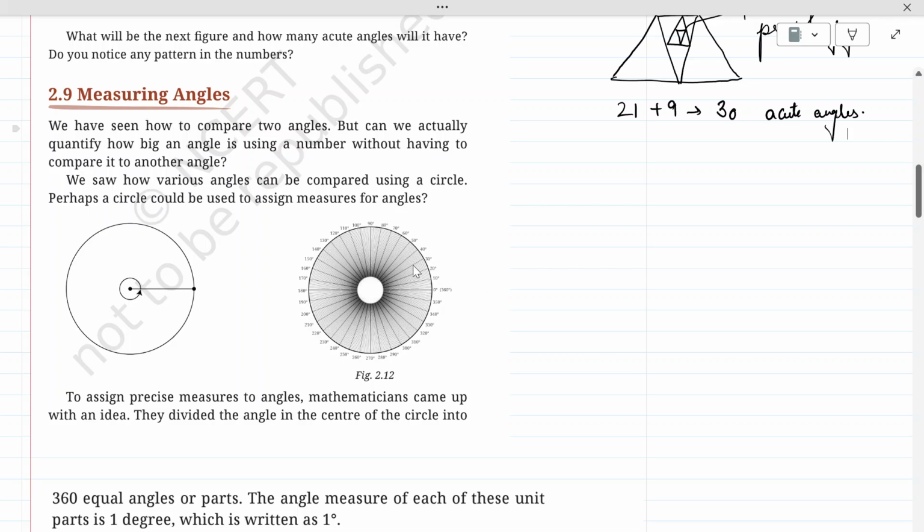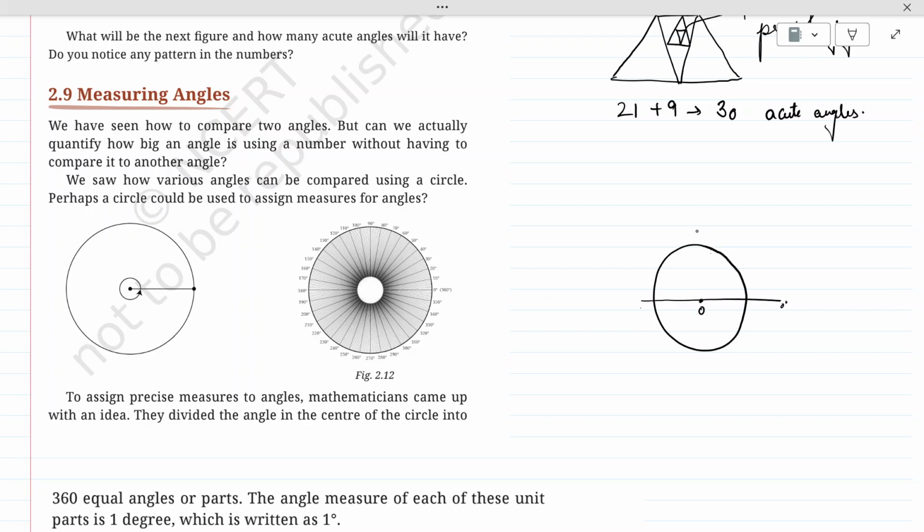This is our angular division shown here, where we have different degrees. Okay, so every unit is 1 degree. I'm just explaining it here. So this is a circle we have, and this is the center of the circle. Okay, this is 0, this is 0 degree.